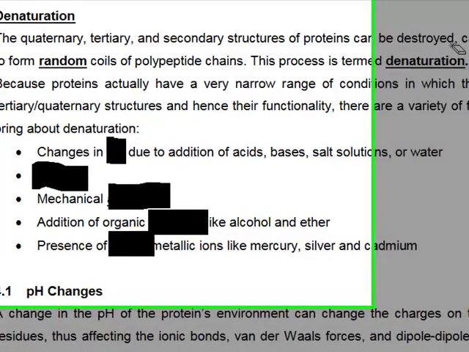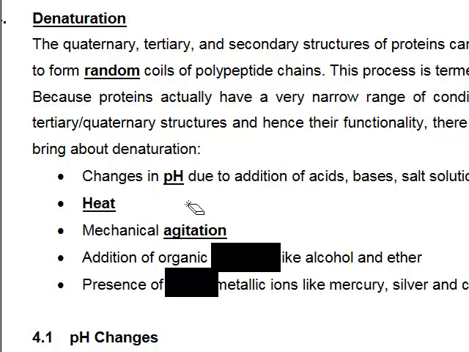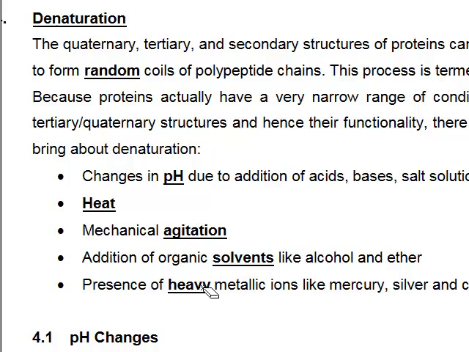And this can occur mainly via changes in pH due to addition of acid-base, salt solution or water, heating, mechanical agitation, addition of organic solvent, or heavy metal ions like mercury, silver, or cadmium.